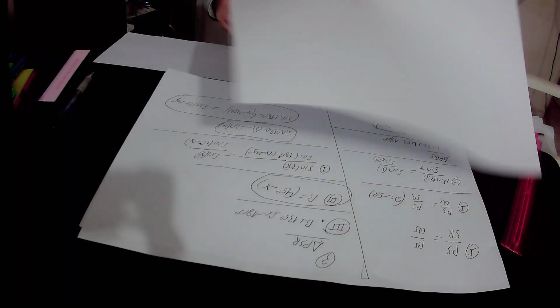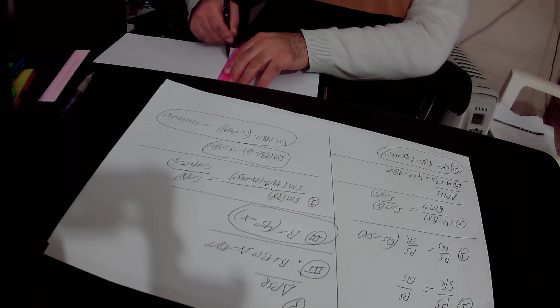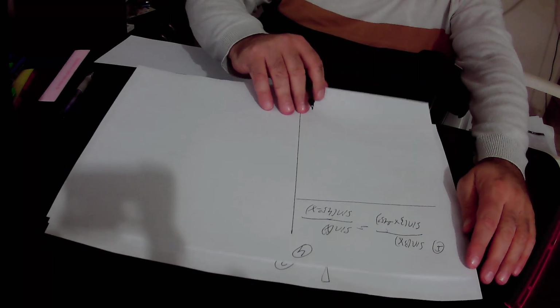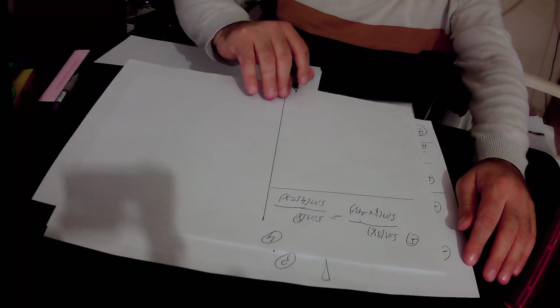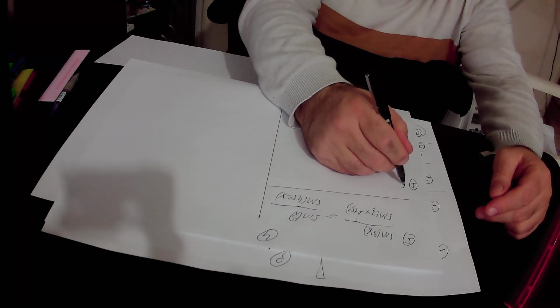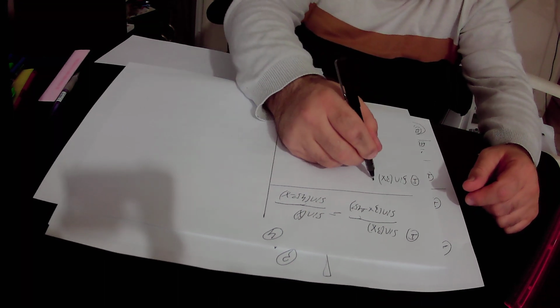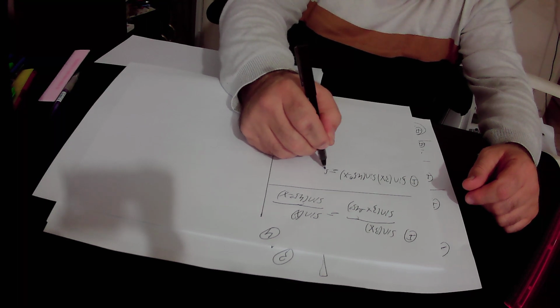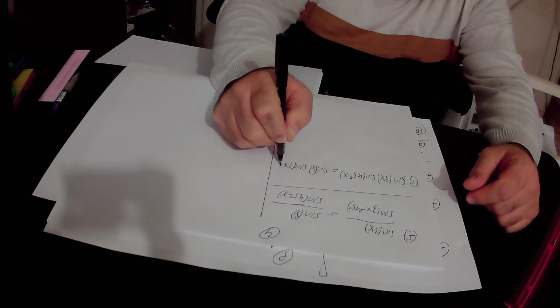So here we will cross multiply equation number 1, and we will get that sine 3x times sine (45 degrees minus x) equals sine x times sine (3x plus 45 degrees).